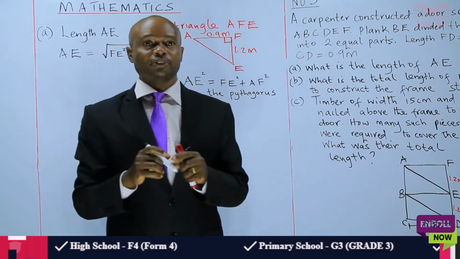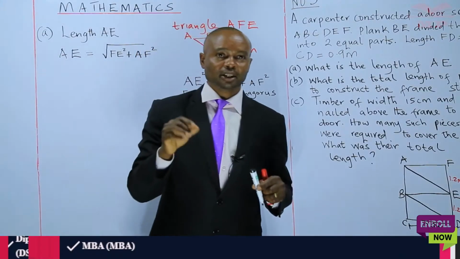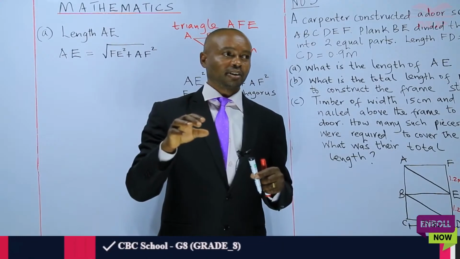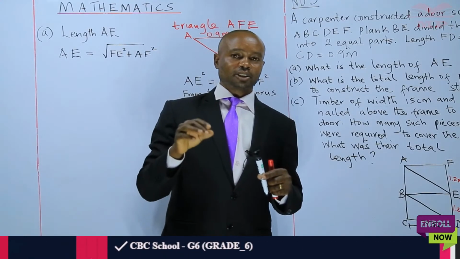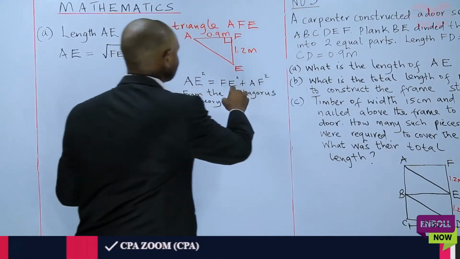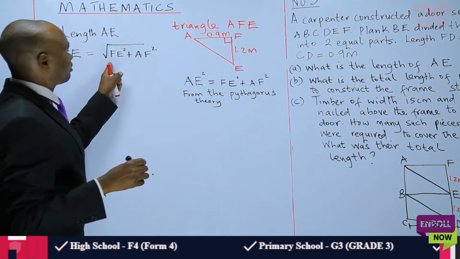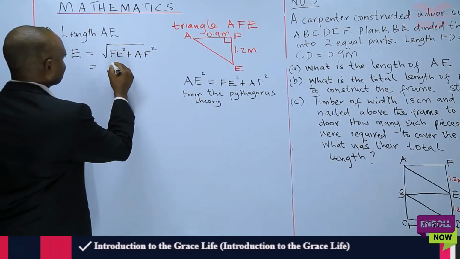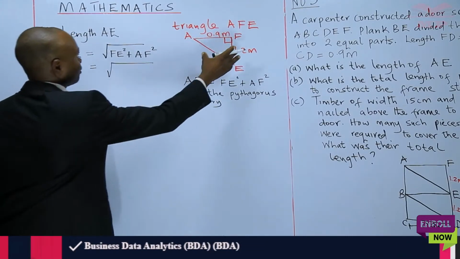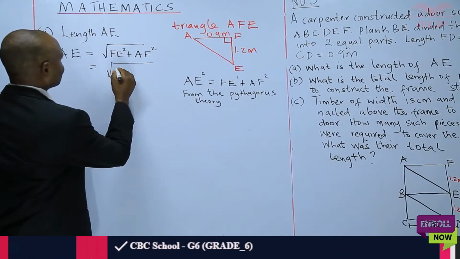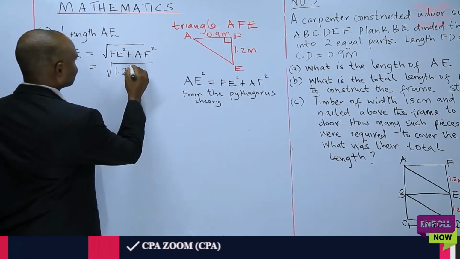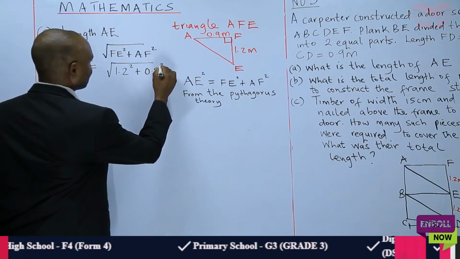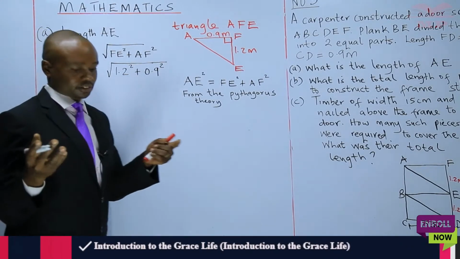We talked of it in the last question, where the square of the longer side, which is the hypotenuse, is equal to the sum of the squares of the shorter sides. So this will be equal to the square root. We already know the length of FE from our extract, which is 1.2 squared plus 0.9 squared.